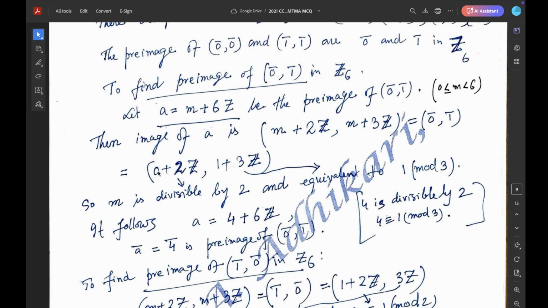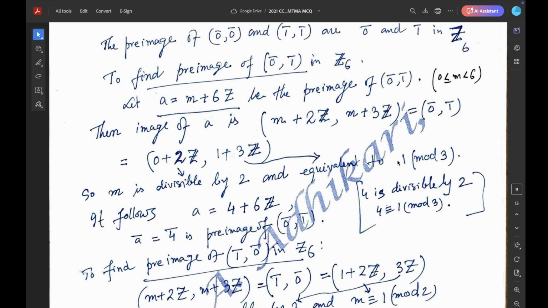So for the first component, m is obviously divisible by 2 because this is 2Z, and for the second, 1 + 3Z, m is in the residue class 1 modulo 3, so m is congruent to 1 modulo 3. M is divisible by 2 and m is congruent to 1 modulo 3.